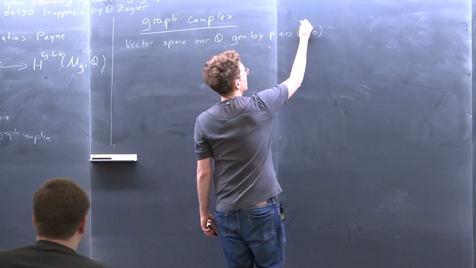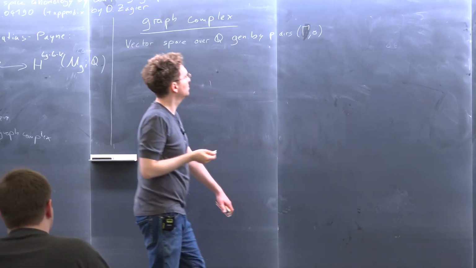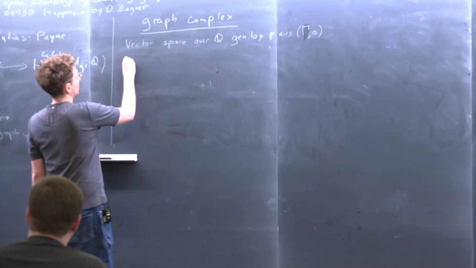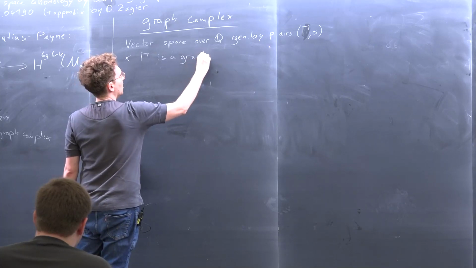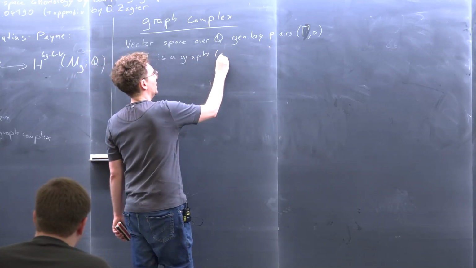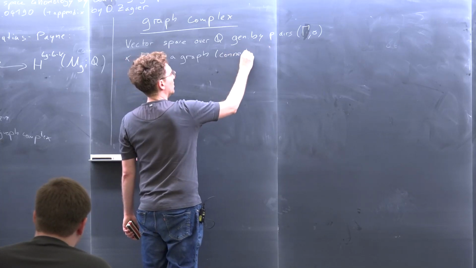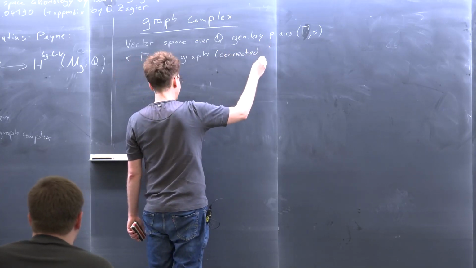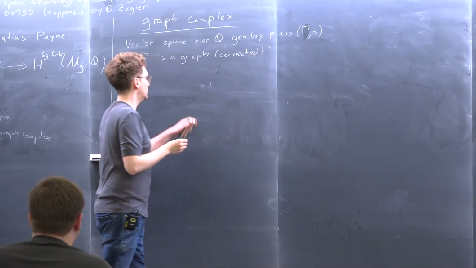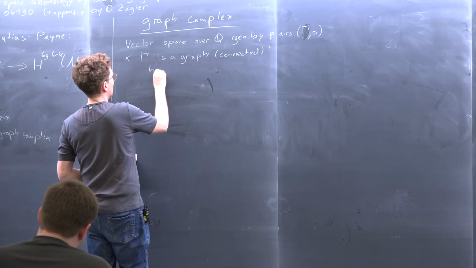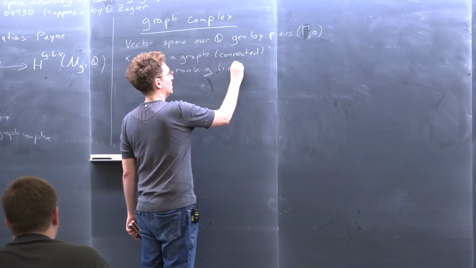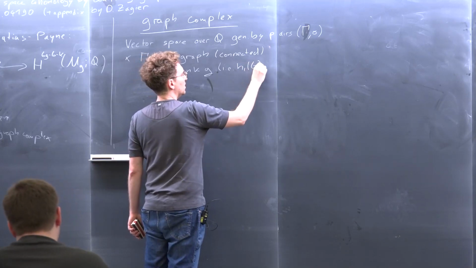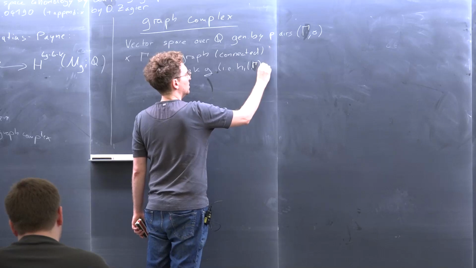Or let's say gamma and sigma. So gamma is a graph that is connected. It has rank g. That means that the first Betti number of the graph gamma is equal to g.